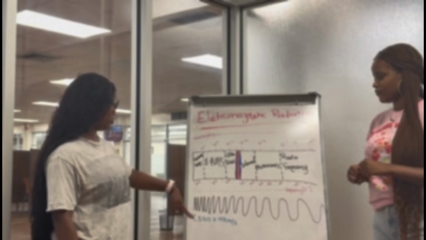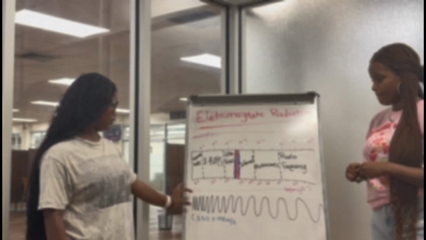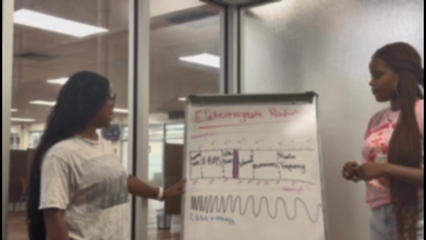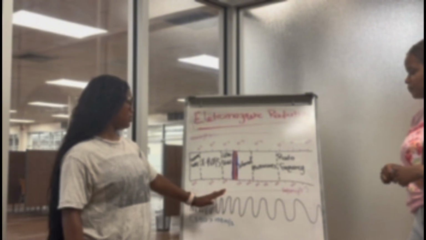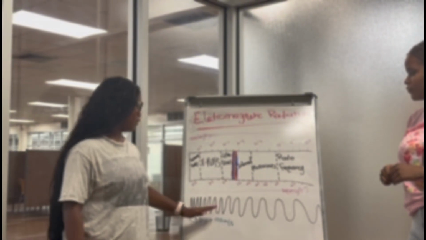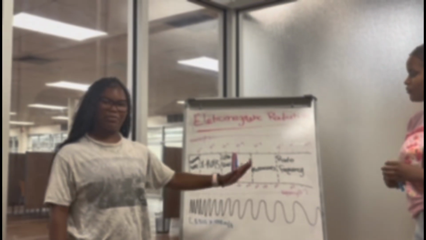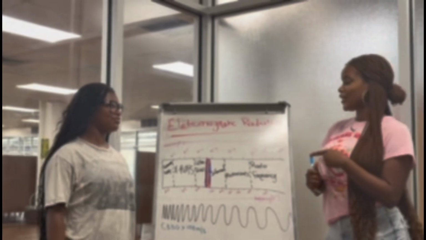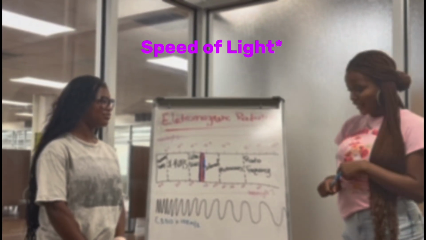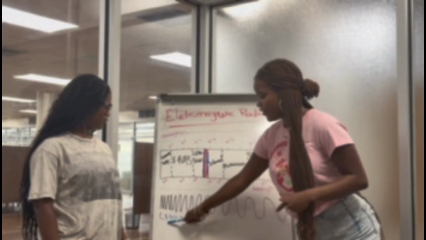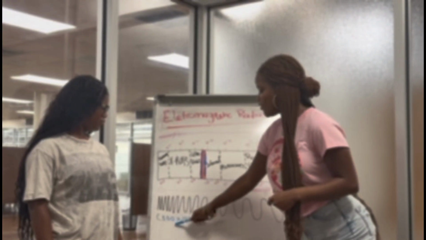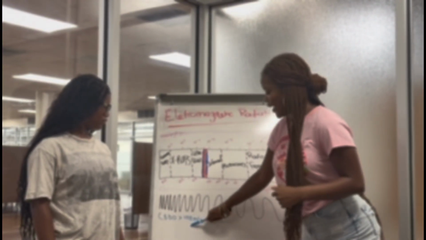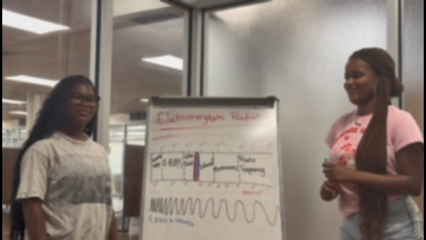Gamma rays are really, really small and tight together, and as you move to the left, the waves get bigger and more spaced out. Electromagnetic radiation travels at the speed of light, which is 3.00 times 10^8 m/s.